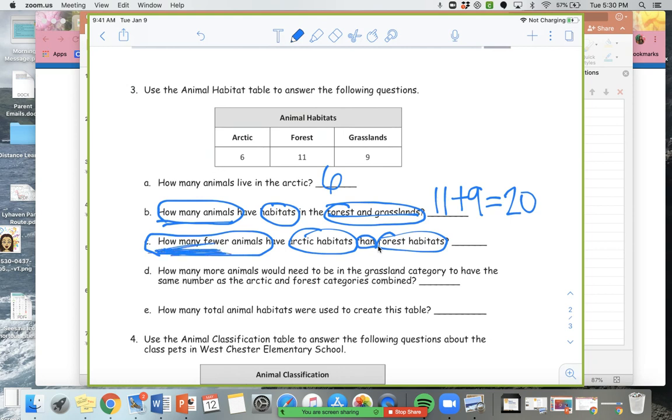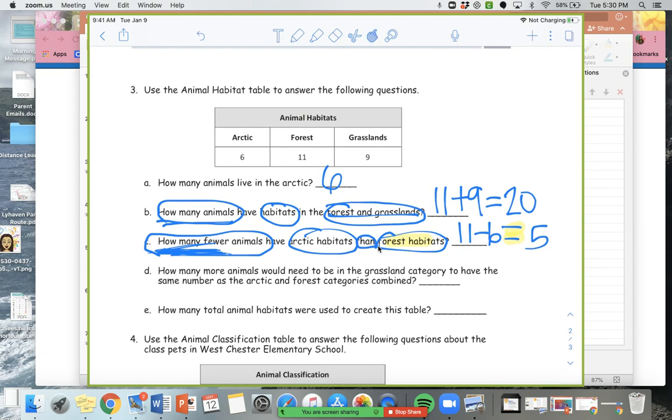That means it is compare. So I need to subtract 11 minus 6 because forest is 11 and Arctic is 6. Okay, so 11 minus 6, which equals 5.